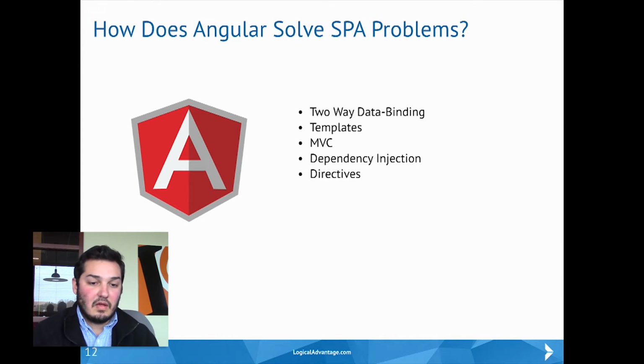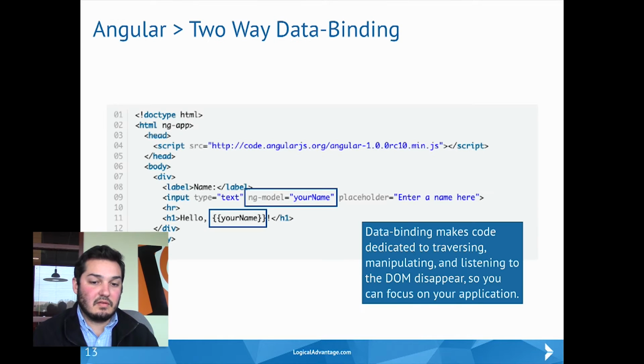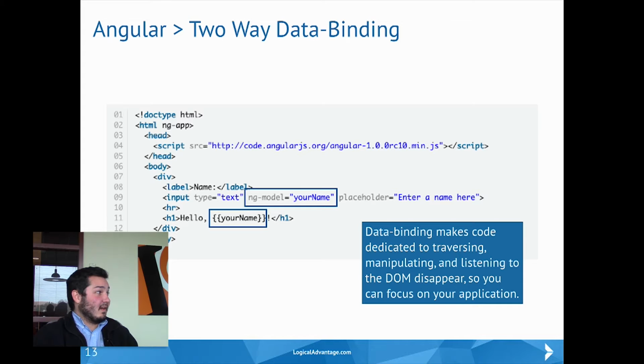A really good thing about Angular's data binding is there's no code that has to traverse or manipulate or listen to the DOM. I say that's a good thing. I've never had to actually write the code to do that, and I'm really glad I avoided that because that doesn't sound fun.